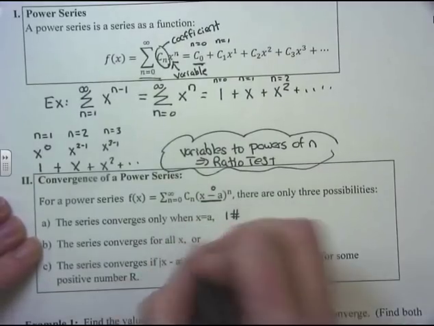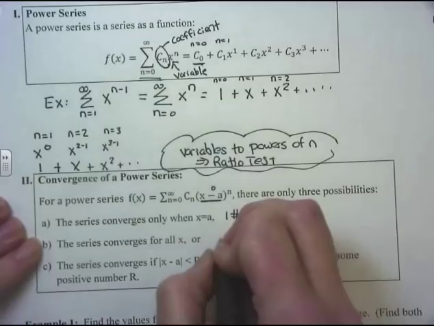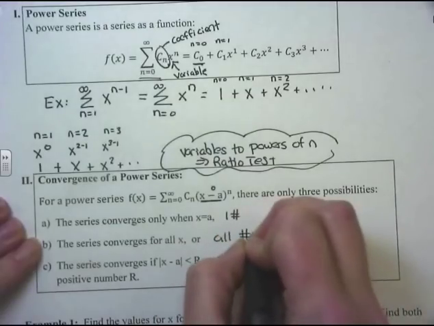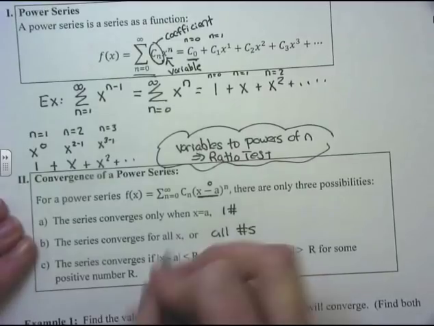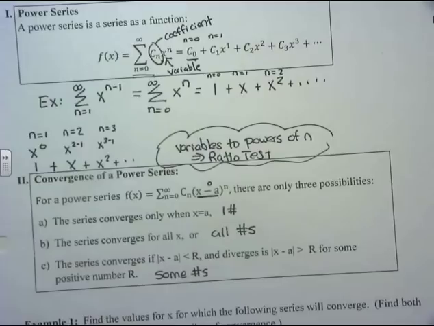It can converge for all real x, so it could converge for all numbers. Or it's possible that the series converges for some numbers. The main thing to take away from this box is that every power series has some form of convergence. Either it converges at a point, it converges for all real numbers, or it converges for some range of numbers.